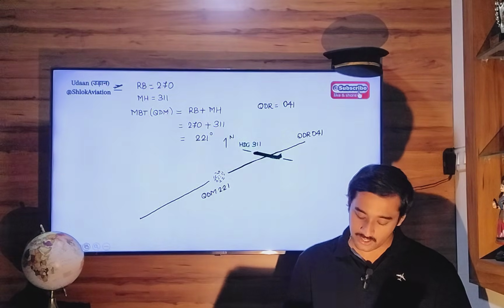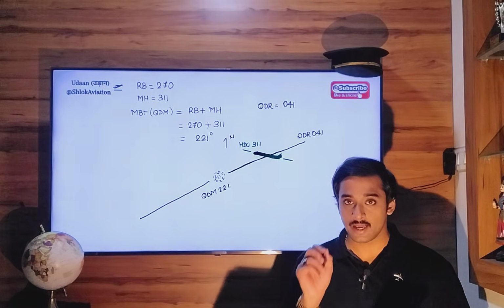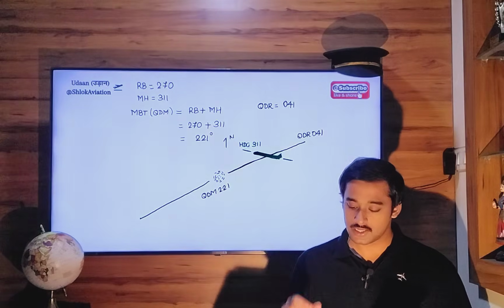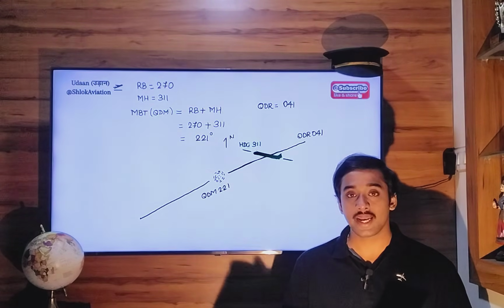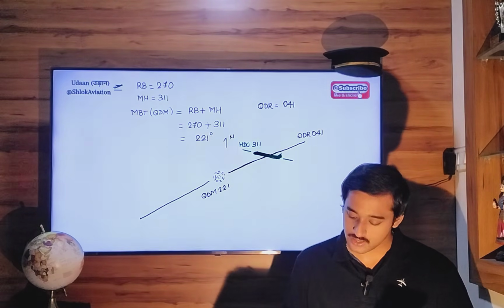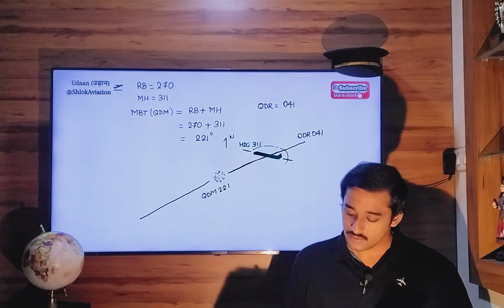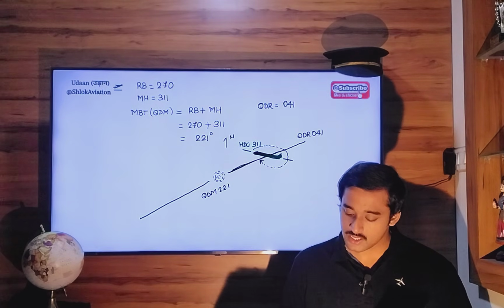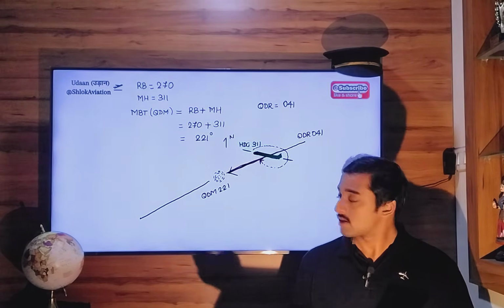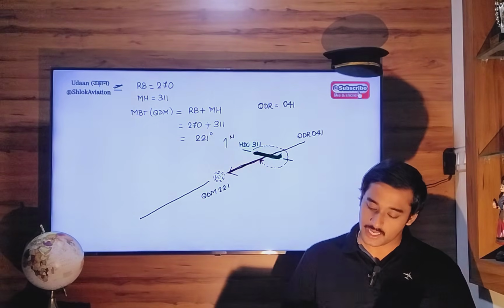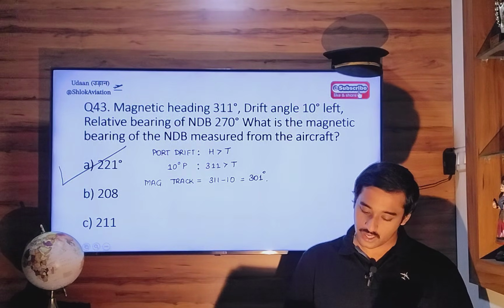Relative bearing is 270. Relative bearing is measured from the heading of the aircraft clockwise to the magnetic track towards the station. So clockwise like this. This is the magnetic track towards the station, 221, QDM 221. So this is the diagrammatic representation. Okay.